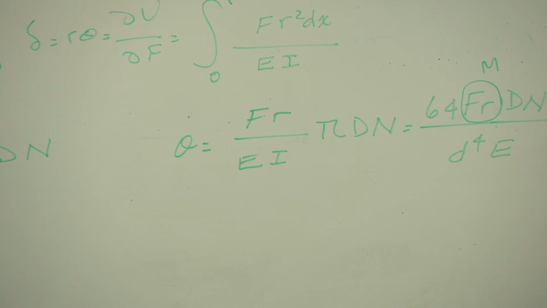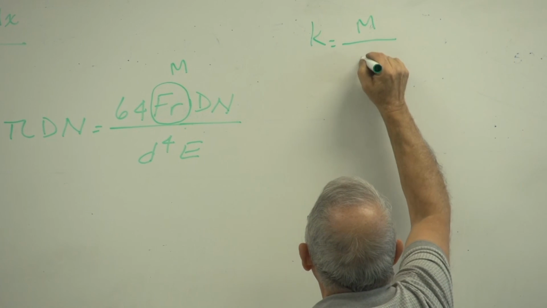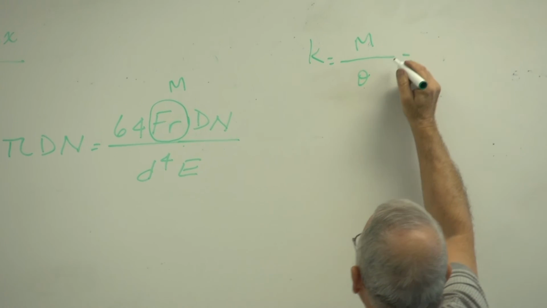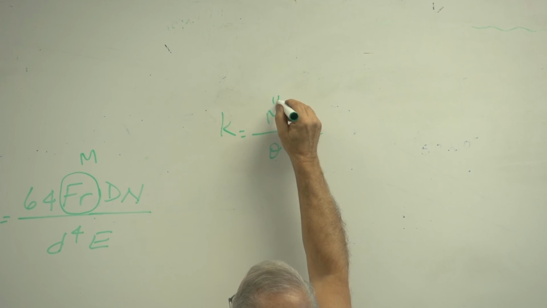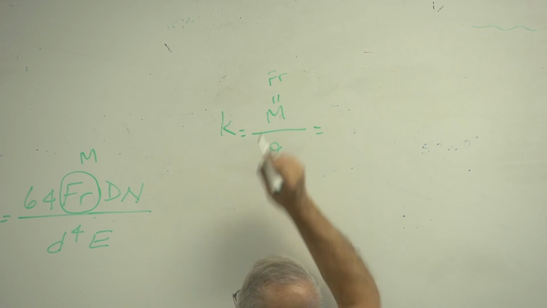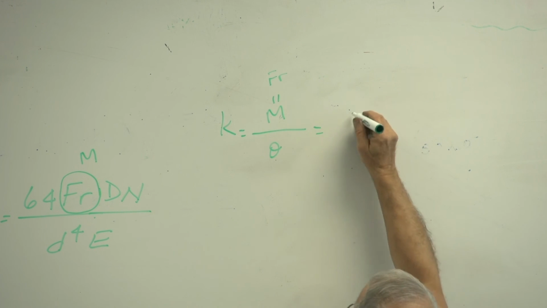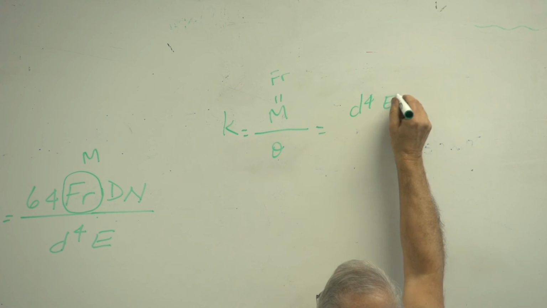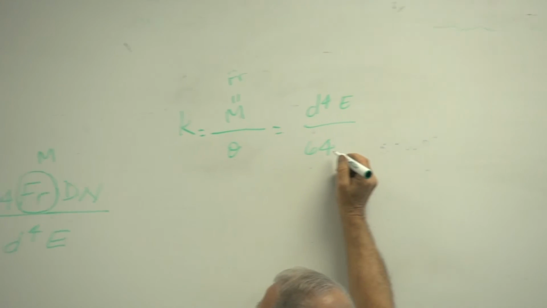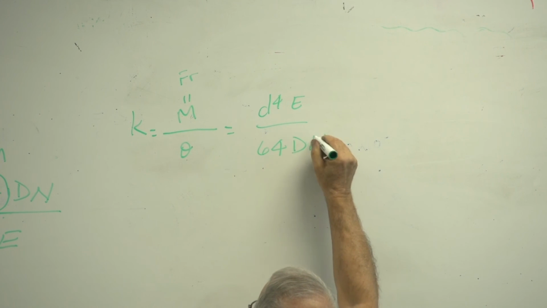Therefore, K equals M over theta. M is the same as Fr. And that will give you d to the fourth E divided by 64 dn.